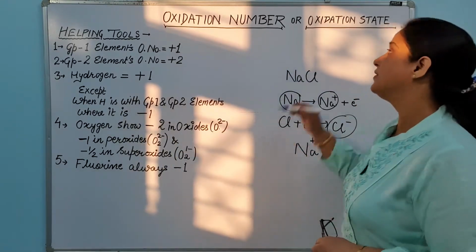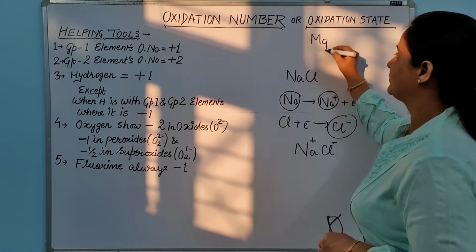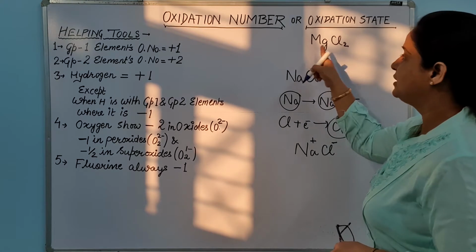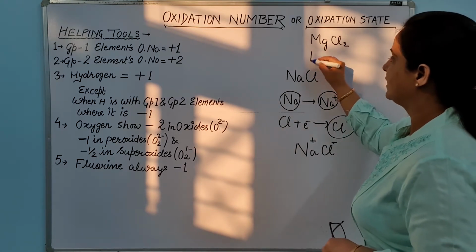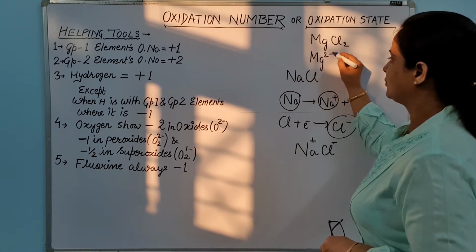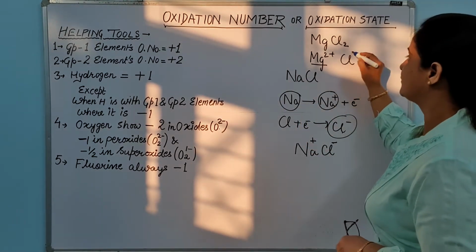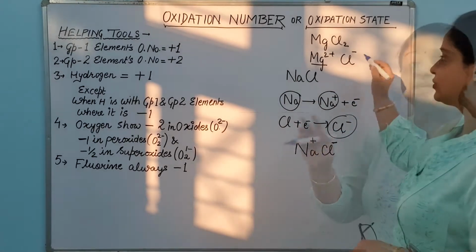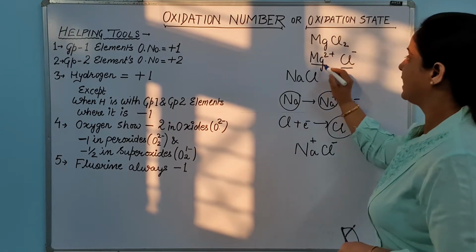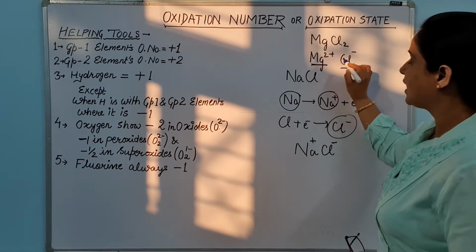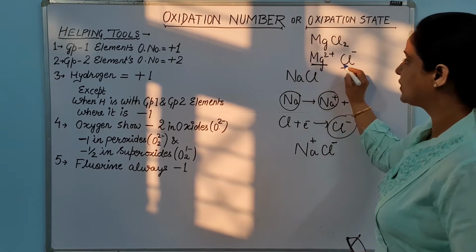For an example, if I am taking magnesium chloride here, magnesium chloride is made up of two ions, Mg 2+, because it is made by the loss of 2 electrons, and Cl minus, because chlorine is formed by the gain of 1 electron. So this MgCl2 is made up of two ions.